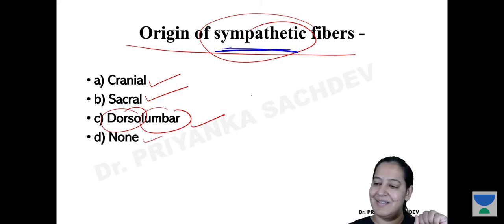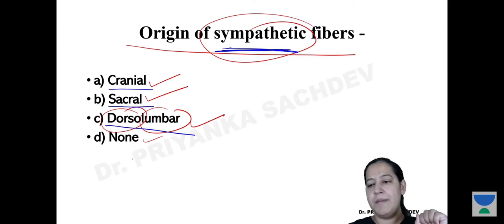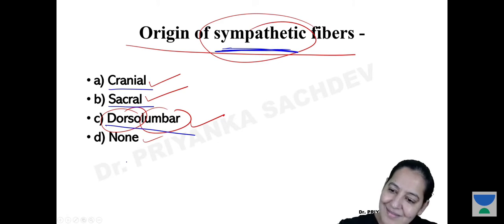Anyone of you? So whether they are arising from any of the cranial nerves, sacral spinal or dorsolumbar spinal, from ABC, what will be your answer?